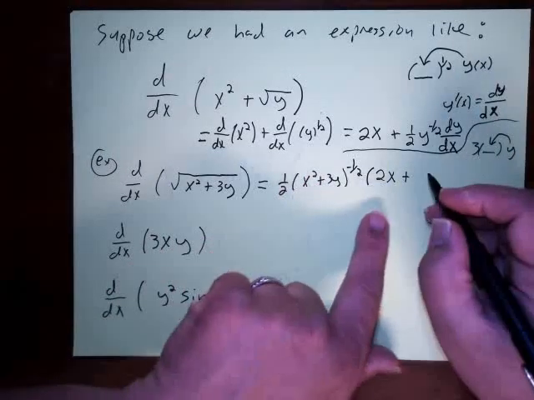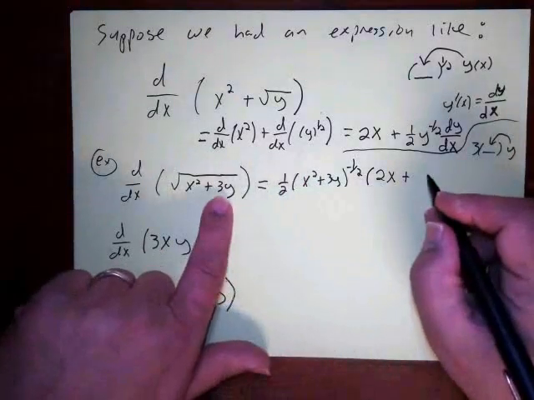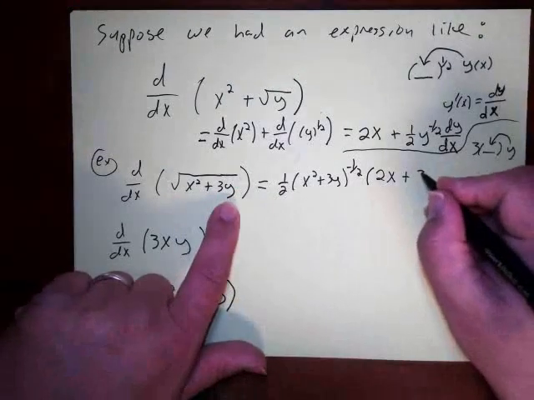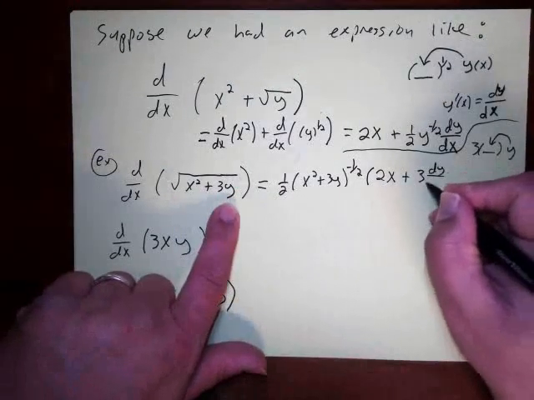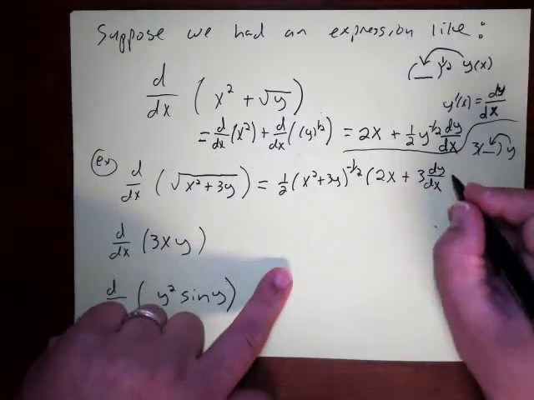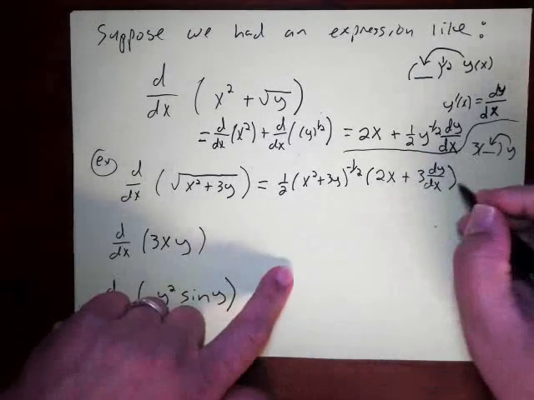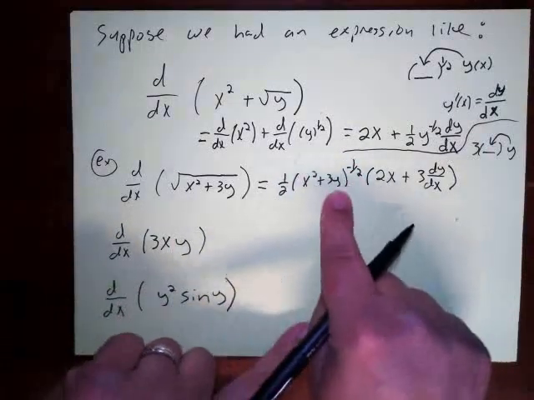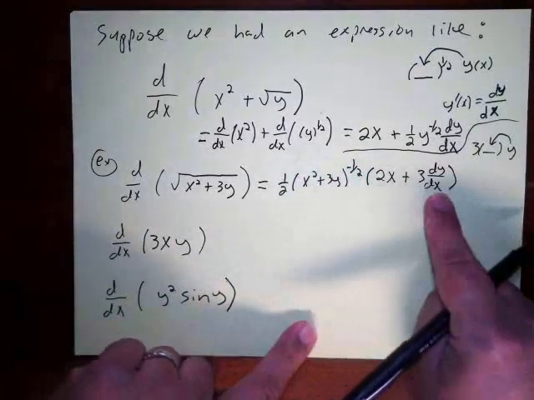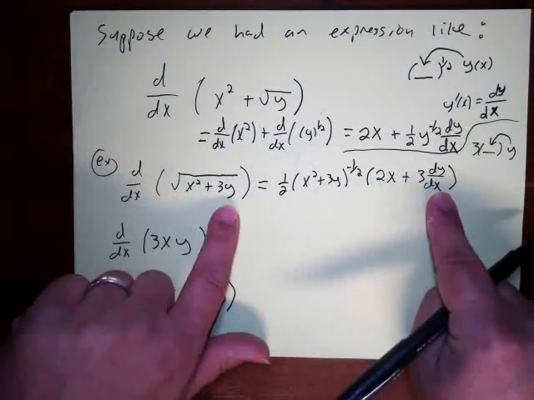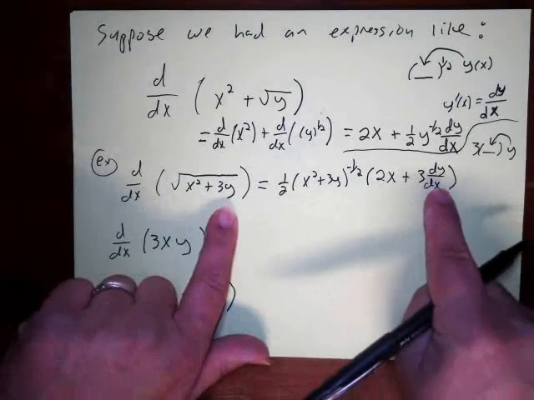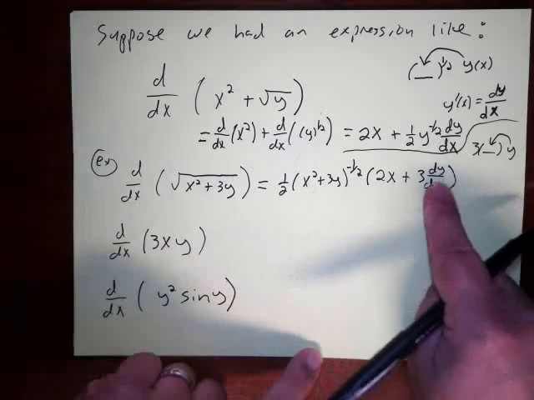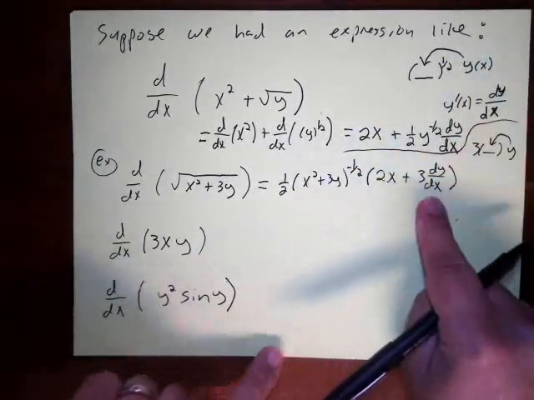So the derivative of y with respect to x is just dy/dx, so 3 dy/dx. That's maybe a little more clear. And so this is what this would be: the derivative of the outside function evaluated at the inside function times the derivative of the inside function with respect to x. And here y is an implicit function of x.